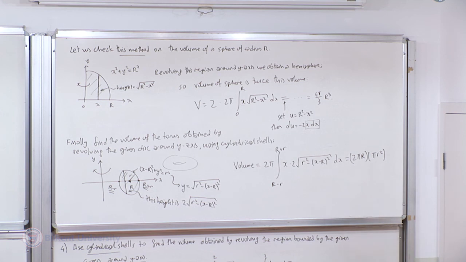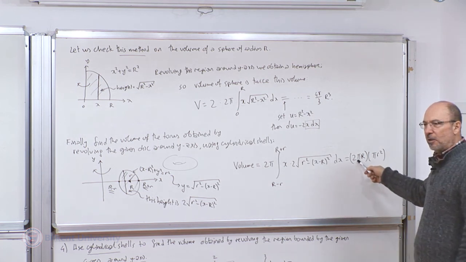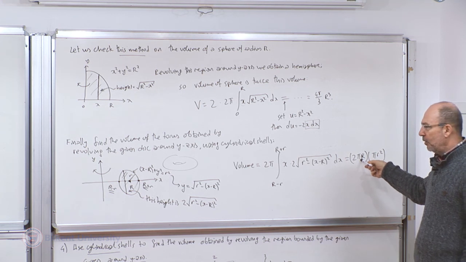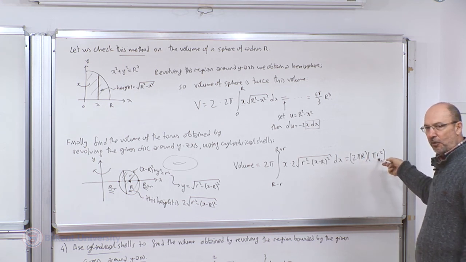Okay. You look at this and you discover a theorem. You see this is the distance the center of mass of the figure traveled, and this is the area of the figure. Okay, so this is a 2,000-year-old theorem, Pappus theorem.